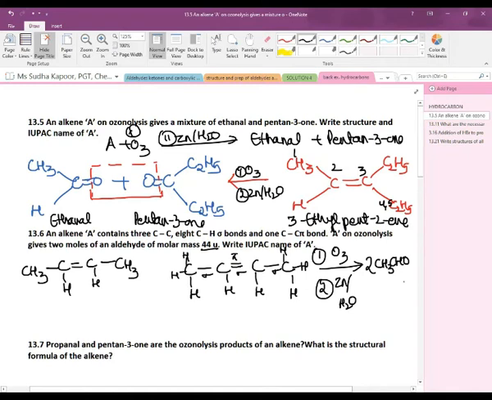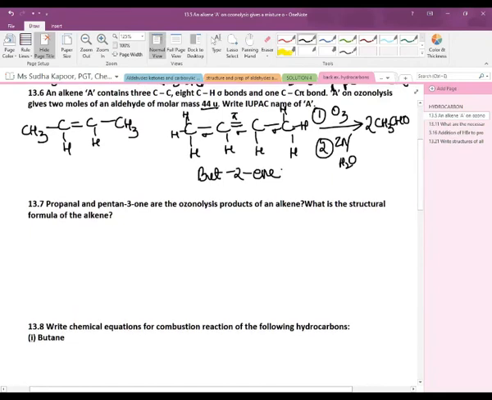The structure has been confirmed also, because the same structure can be obtained for but-1-ene also. But in that case, the product is not going to be ethanal. So it can only be possible if it is but-2-ene.